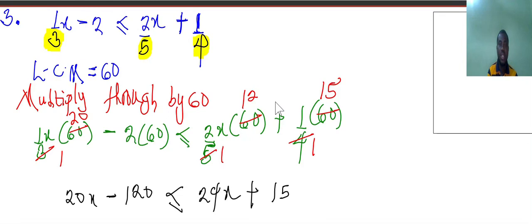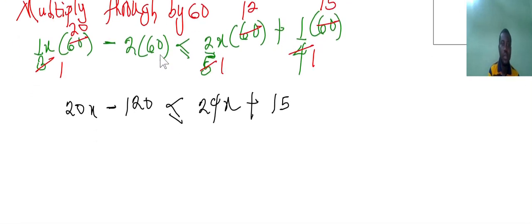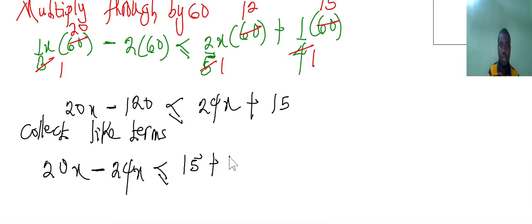Now we have a simple linear inequality. So collect like terms. So we can transfer 20x. We have minus 24x less than or equals to 15 plus 120.